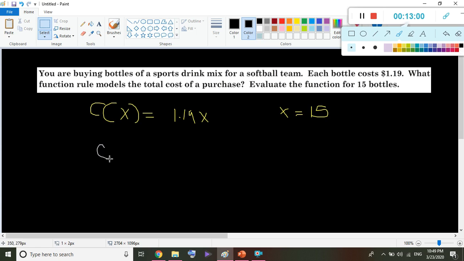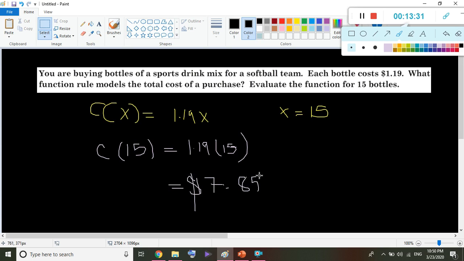Let's now just substitute. C of 15 equals 1.19 times 15. Okay, so using the calculator, we're going to have an answer of 17.85.